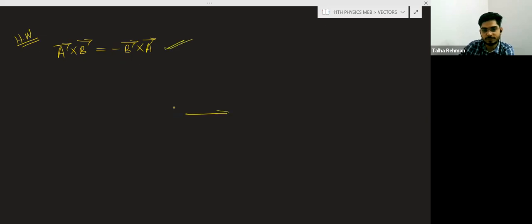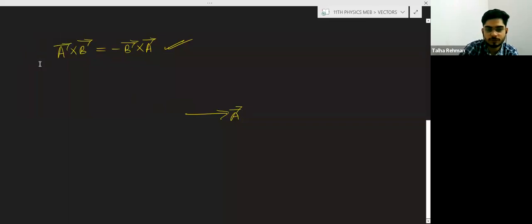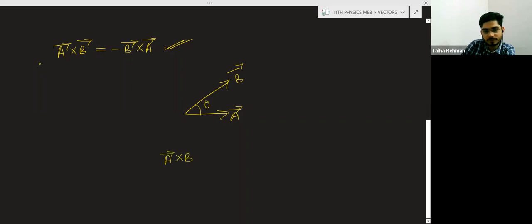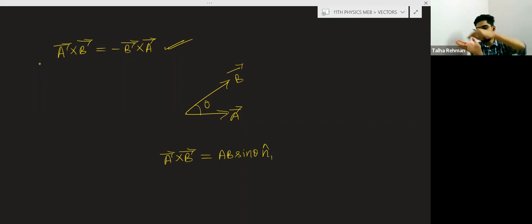Suppose you have this A vector, and this is your B vector, with an angle between them. When you do A cross B, you will get the vector AB sine theta n cap. In this case, this n cap, when you do A cross B, your thumb will be towards you. If you take this direction as positive, then A cross B is positive.